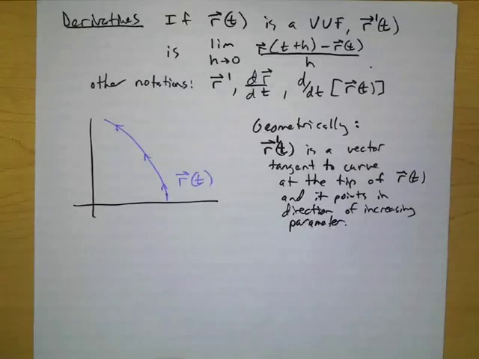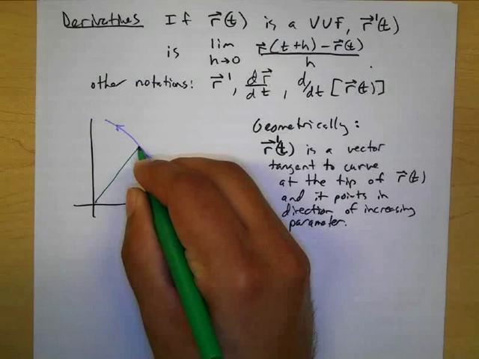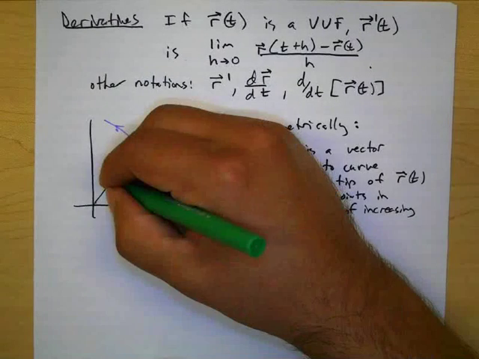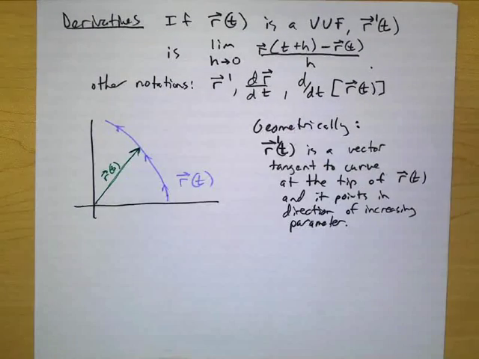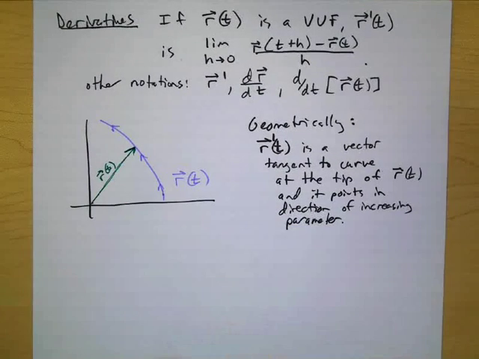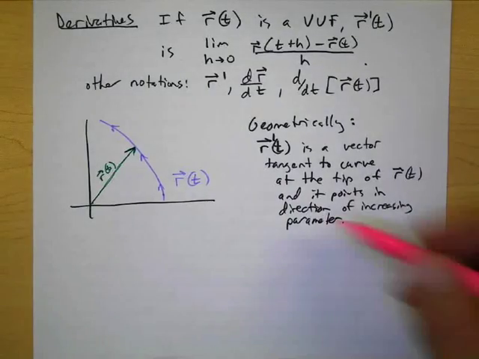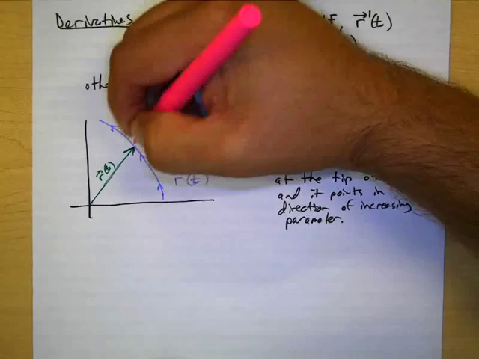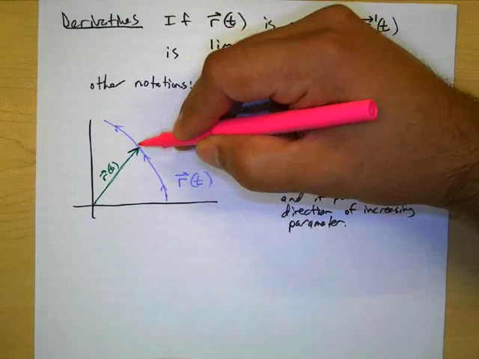So, if I drew r of t for a particular value, so let's say that this is the specific r of t vector that connects to the curve represented by the whole r of t equation. When you calculate r prime of t, you're going to get a vector that's tangent to the curve but also pointing in the direction that it's increasing.